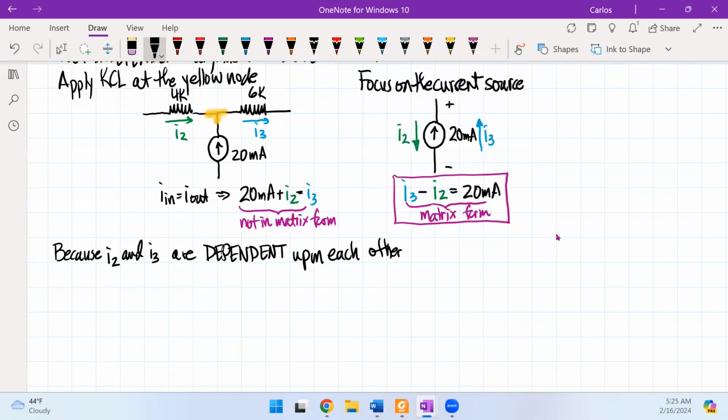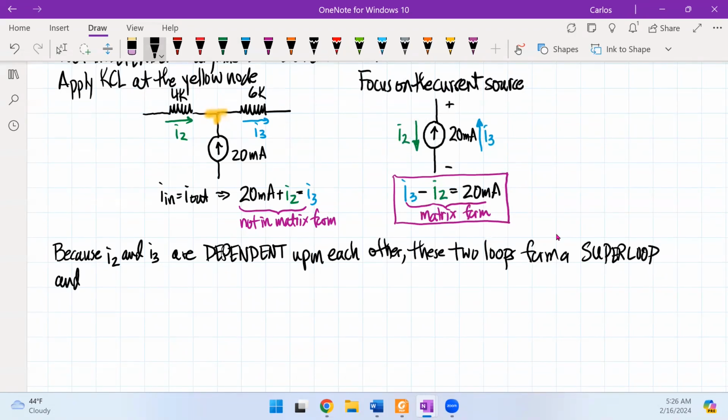If I know the value of I2, I automatically know the value of I3. So they are literally dependent upon each other. These two loops form a super loop, just like two dependent nodes form a supernode.